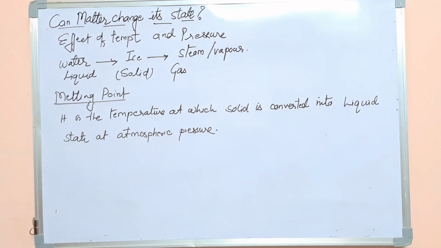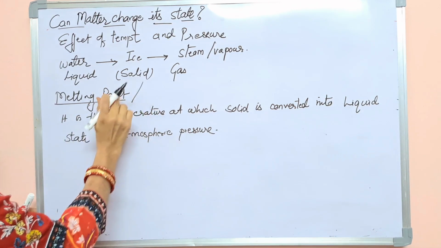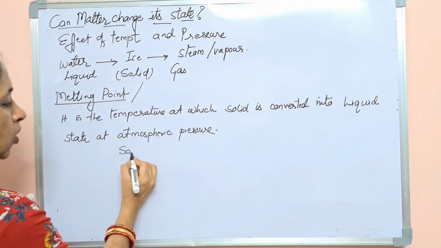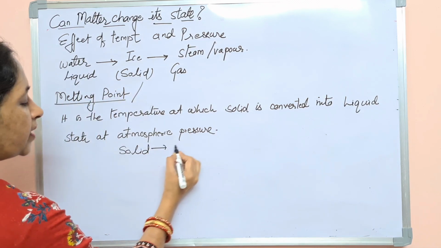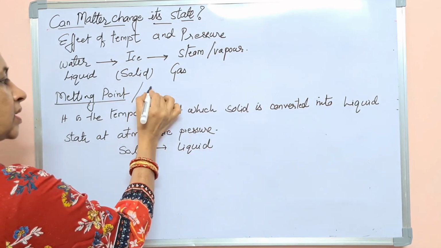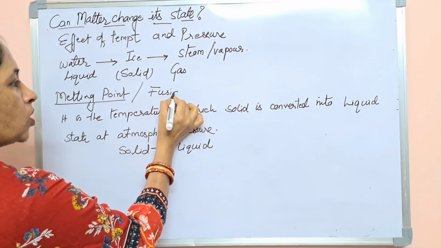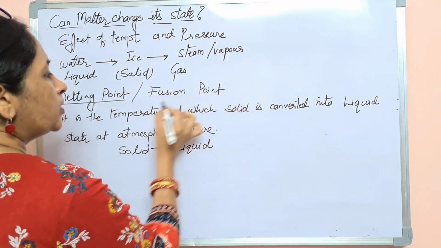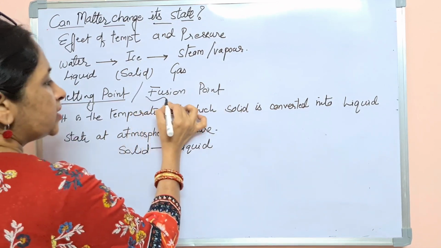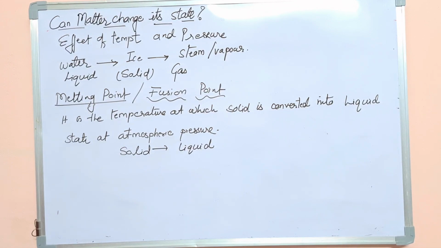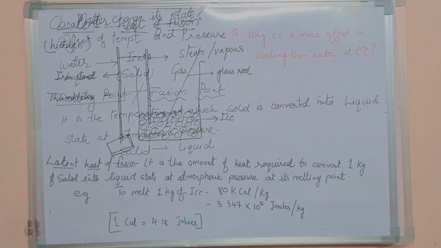And this melting point, as solid is converted into liquid, this conversion process is also called fusion. So I can write down one more word for this, that it is also called fusion point.